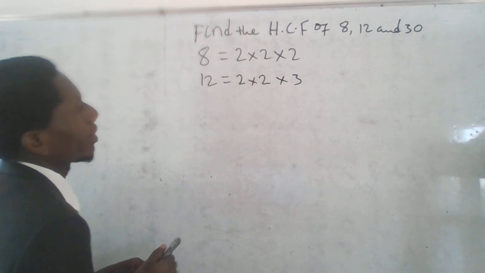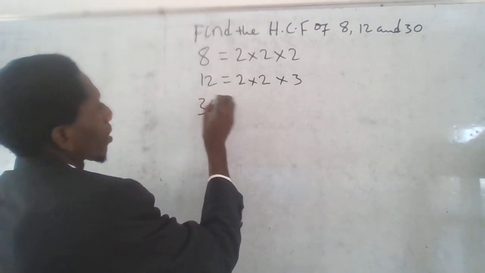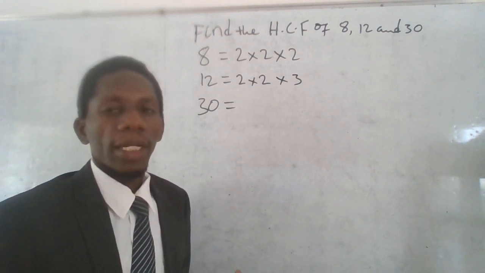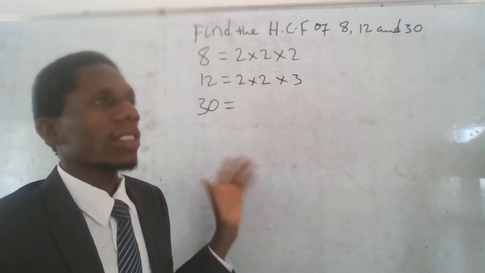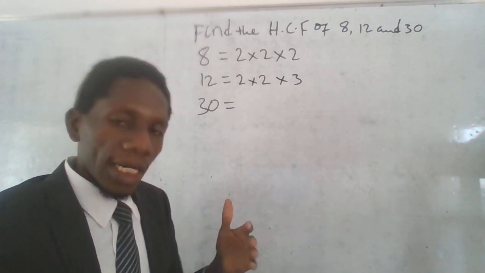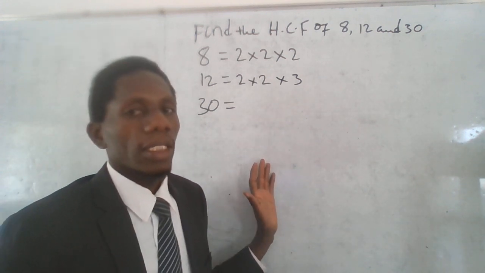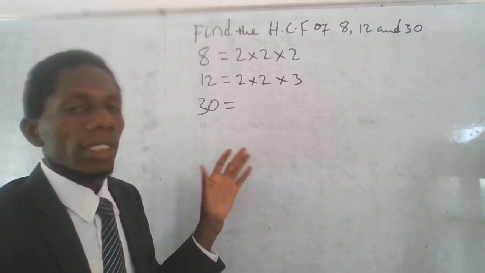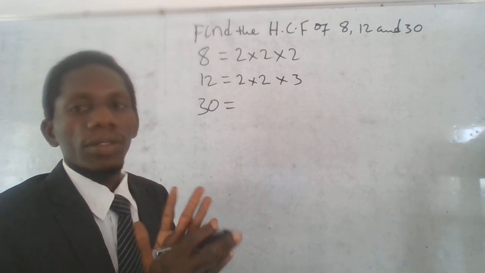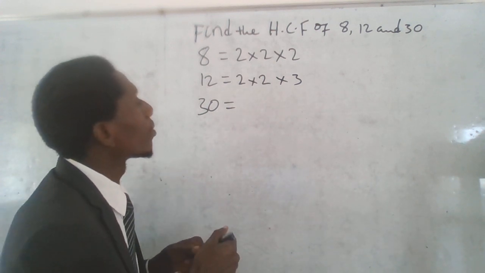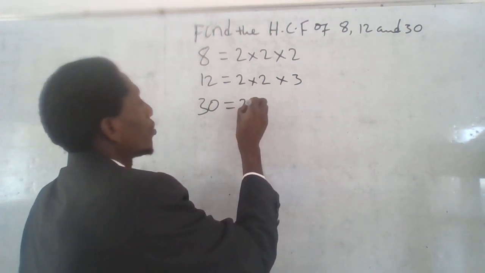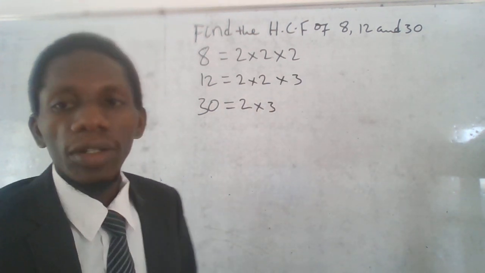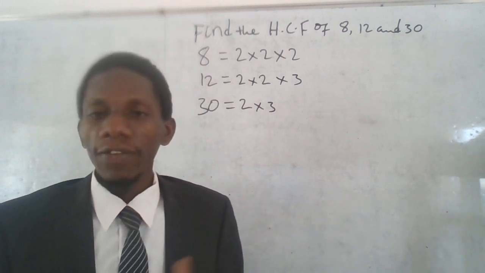Now let's look at 30. What numbers can multiply one another to give us 30? Of course, we have 5 and 6. Now, what numbers can multiply to give us 6? We have 2 times 3. What numbers can multiply to give us 5?